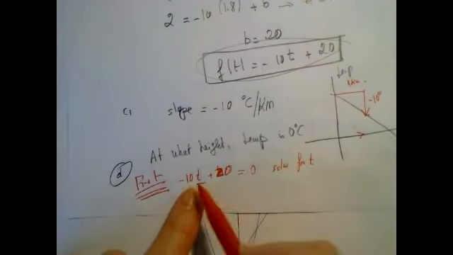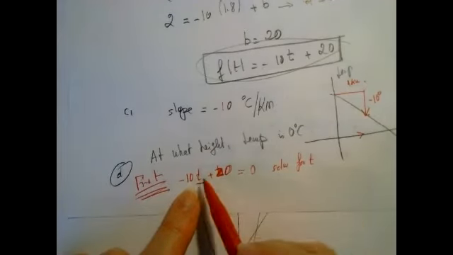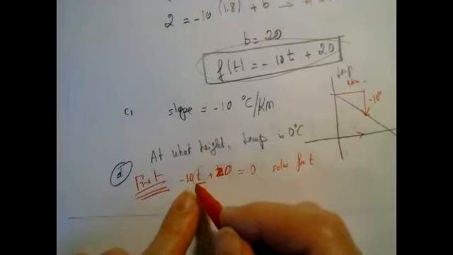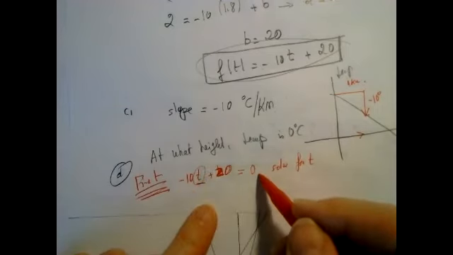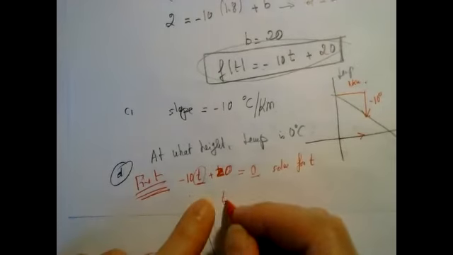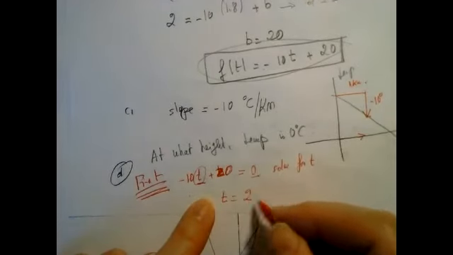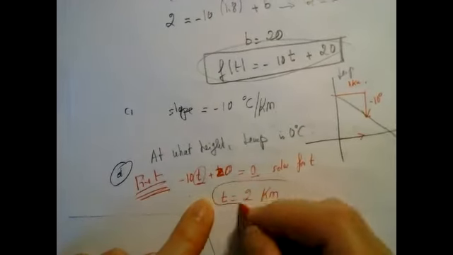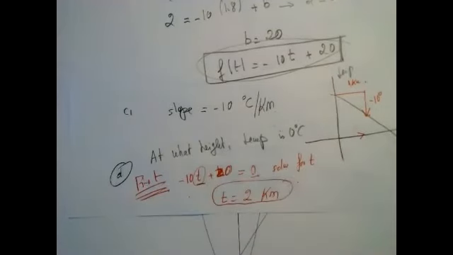We don't plug in 0 for t, because that's not what I'm asking. I'm asking you for which height. So what should be the value of t so that the temperature is 0? So 0 is the output. I'm finding t. So if you solve that, you get t should be 2 kilometers. So after 2 kilometers up, the temperature will be 0 degrees Celsius.